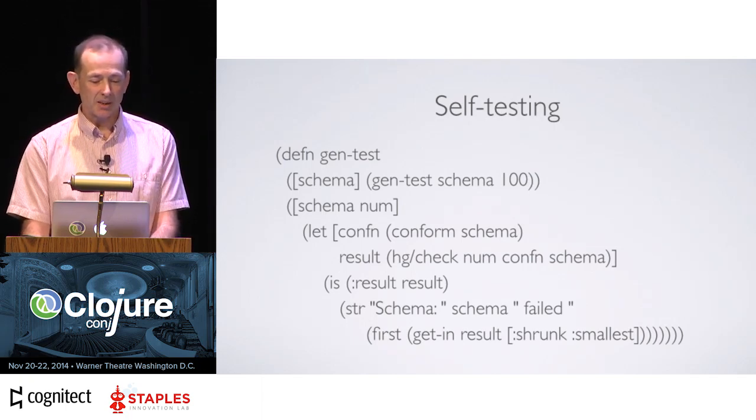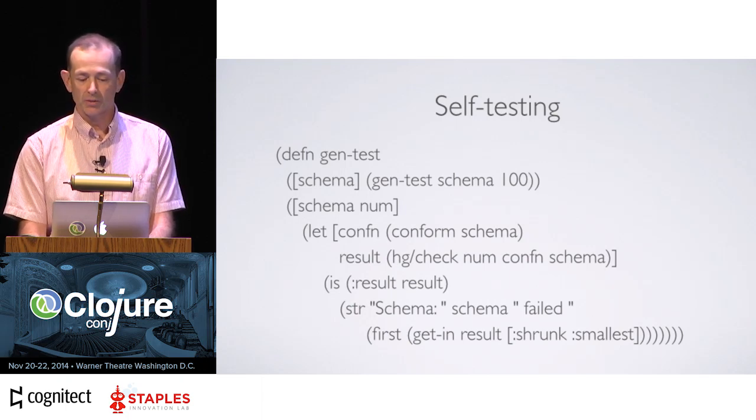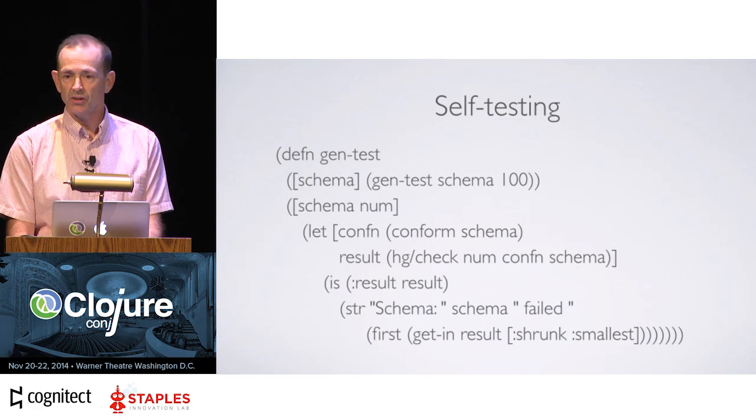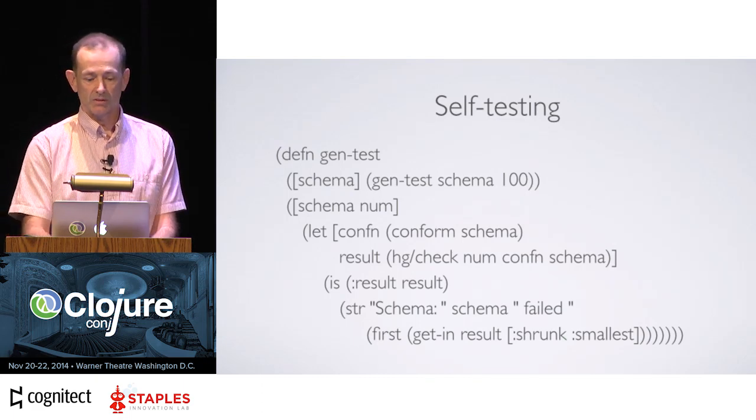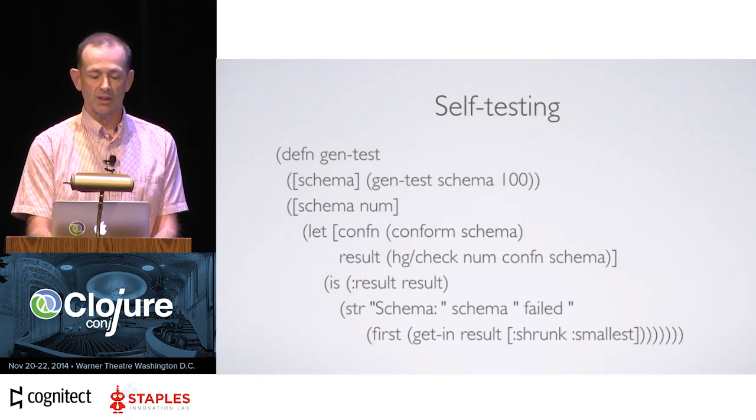You can see this is calling is, third line from the bottom, the Clojure test main macro for getting a test. And if it fails, if the result is not true, then it will report the error, and I want to report the smallest failure case.